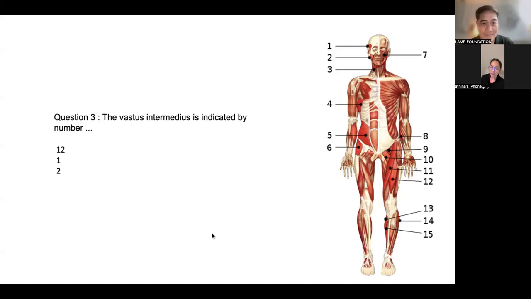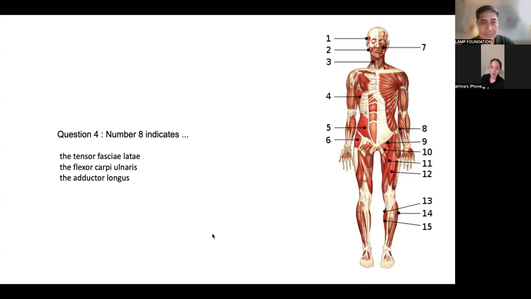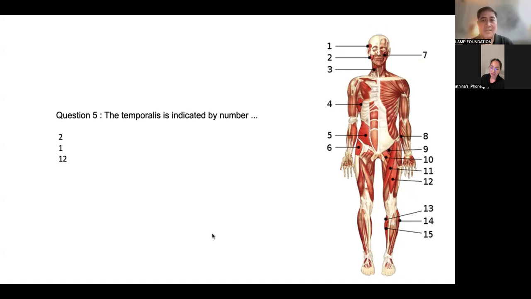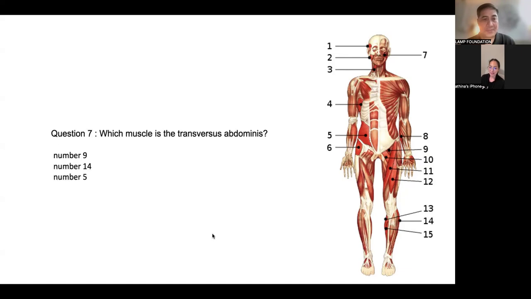Number 10, the adductor longus. Vastus intermedius, what number? Number 12. Number 8. Number 8 is the flexor carpi ulnaris. Temporalis, number 1. Tensor fasciae latae, number 6. Transversus abdominis, number 5.